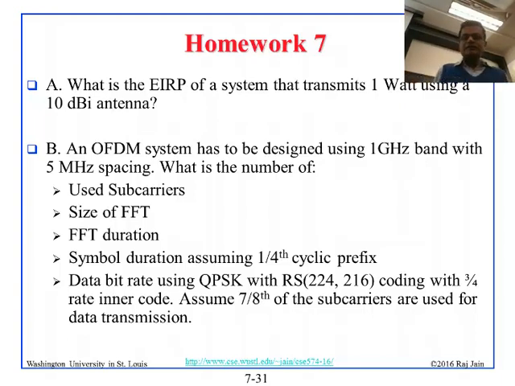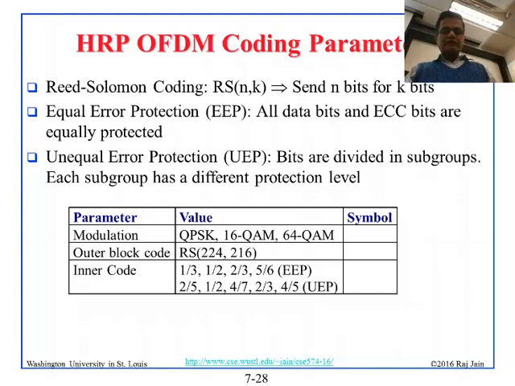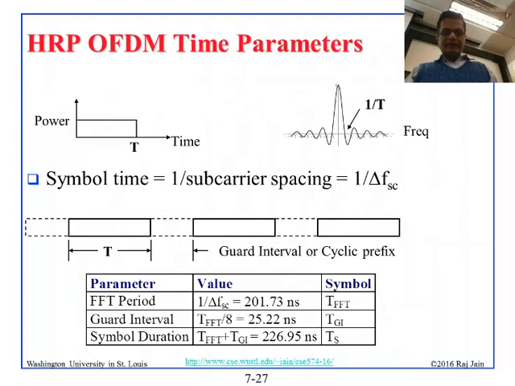An OFDM system has to be designed using a 1 gigahertz band, 5 megahertz spacing. Find the subcarriers, size of FFT. Now here I have asked FFT duration, and the question was what is FFT duration? I would change that to FFT, whatever we used before, interval. What was it? Period.